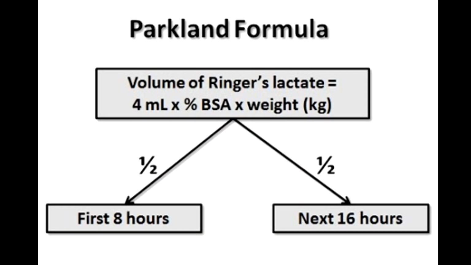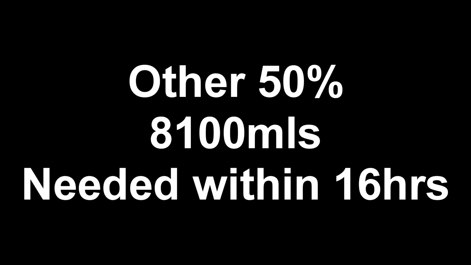As I mentioned earlier, the Parkland formula also depicts how much is needed within the first 8 hours and the remaining amount within the other 16 hours of a 24-hour cycle. 50% is needed to be given within the first 8 hours, therefore 8,100 mL is needed within 8 hours, and the other 8,100 mL is needed in the remaining 16 hours.